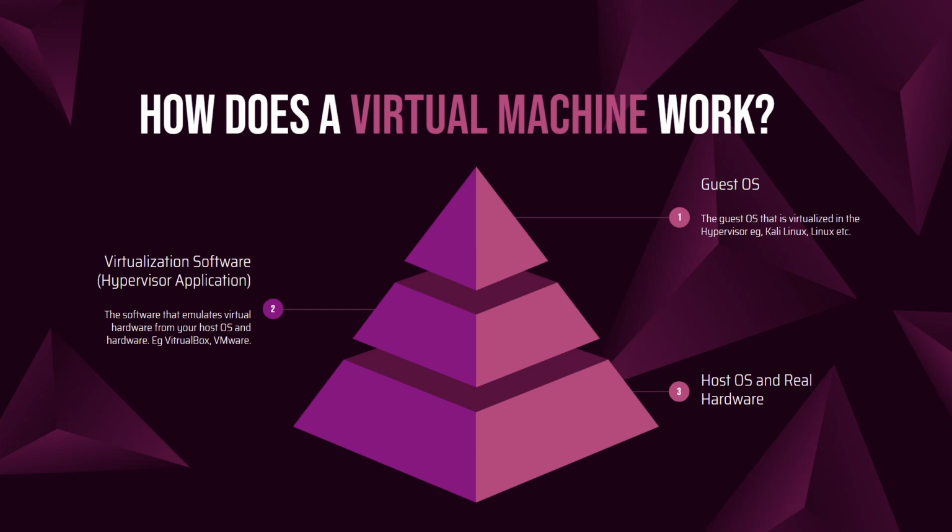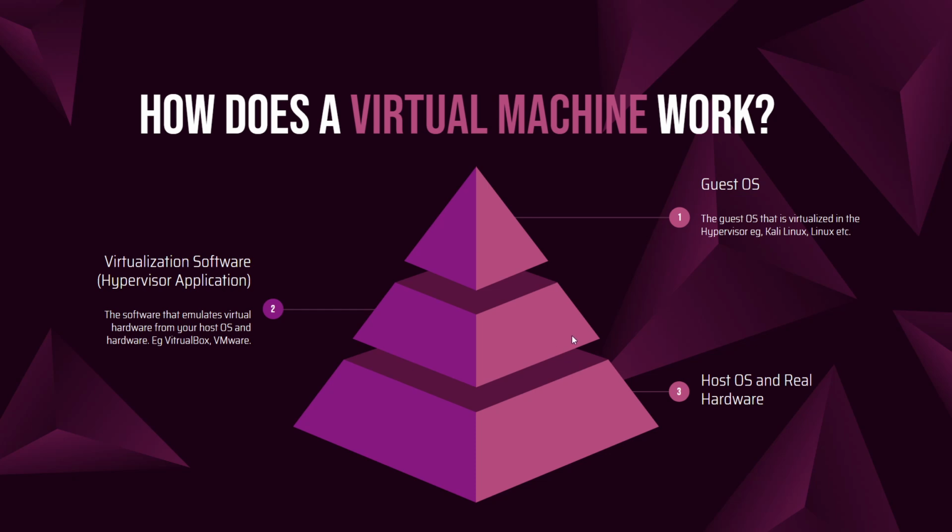What this software will do is emulate hardware. What do you mean by emulate? Well, basically, it will present itself to the guest operating system as if it has hardware. As you may realize, to install an operating system, you need a CPU, a GPU, a display, a keyboard, a monitor, storage. So where will all of that come from? Well, we are not going to use the real components of our desktop or laptop.